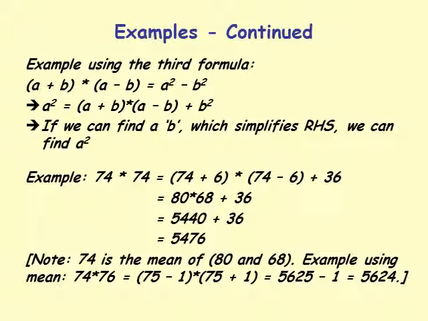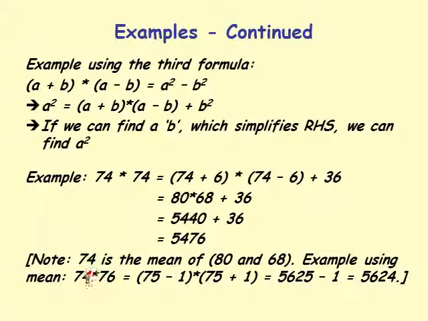Let's continue here. We were doing 74 times 74, and you will notice that 74 is the average of these two numbers, 80 and 68. 80 plus 68 is twice 74.